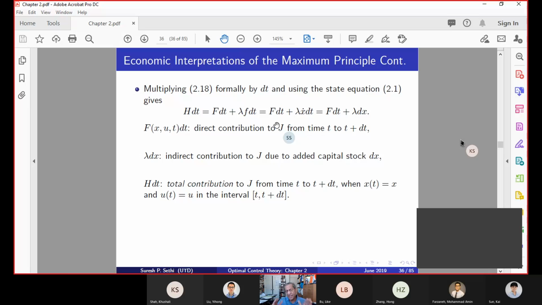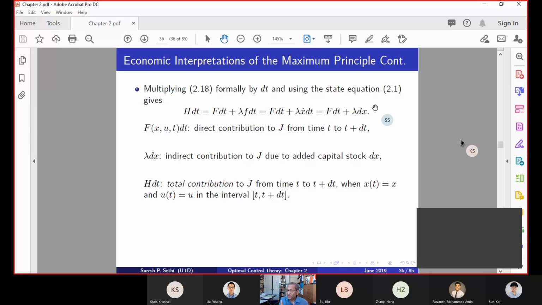So I get the immediate benefit, which is given by the first term, but I also change my state from x to x plus dx. So I should have the value of dx factored in. But the value of dx is just lambda times dx.